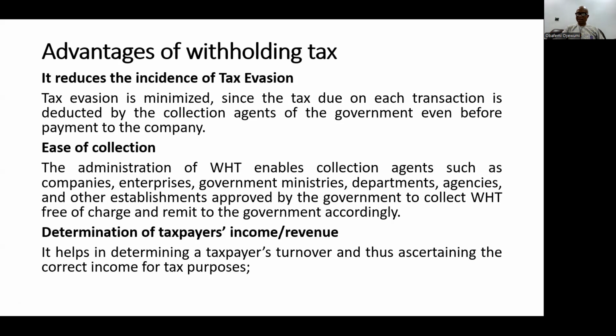So these are the advantages of withholding tax. The withholding tax administration or mechanism is very, very advantageous. Of course, there are some bottlenecks, but today we're only looking at withholding tax and the advantages that come with its administration.